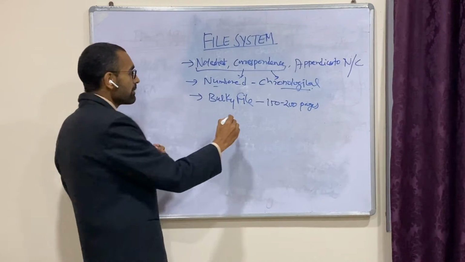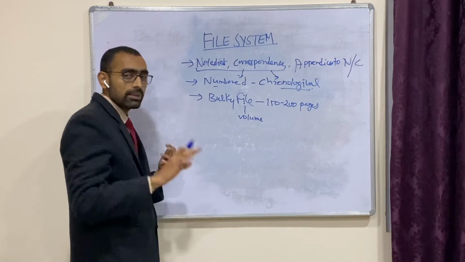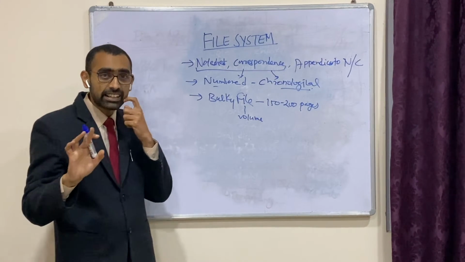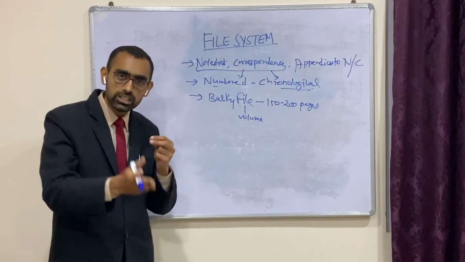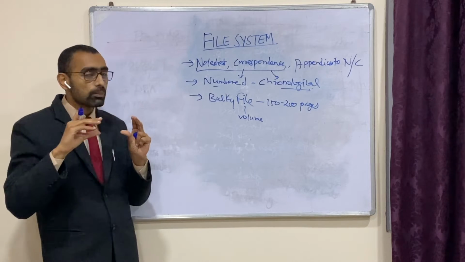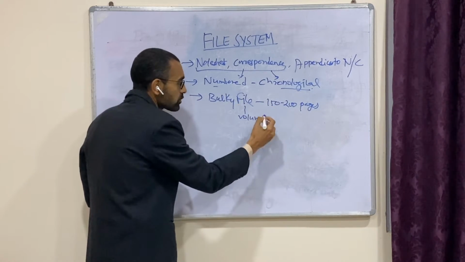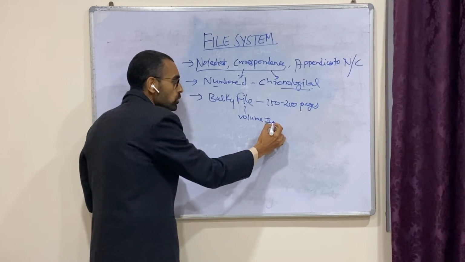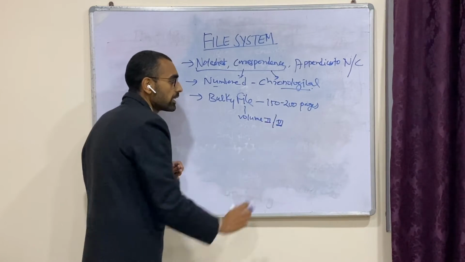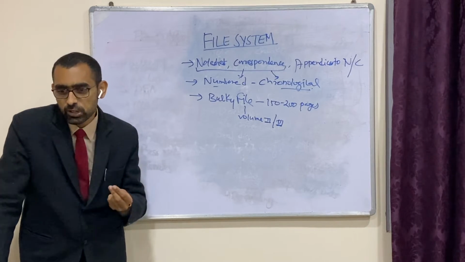It is very important to understand that the file number remains the same, but you have to close the file because it has become bulky, and then open a new volume. If the first one was volume 1, the next will be 2, then 3, and so on. So if the file is bulky, open a new volume.